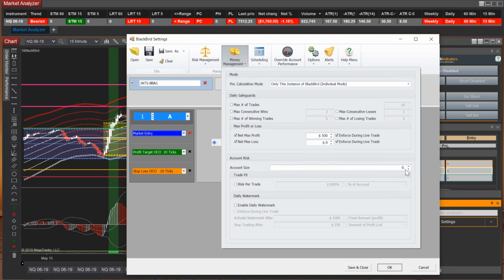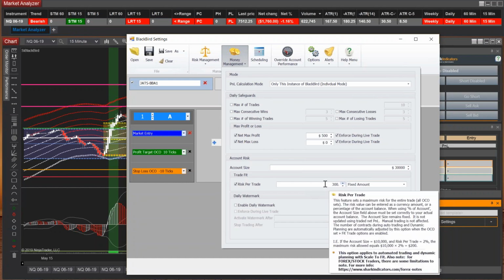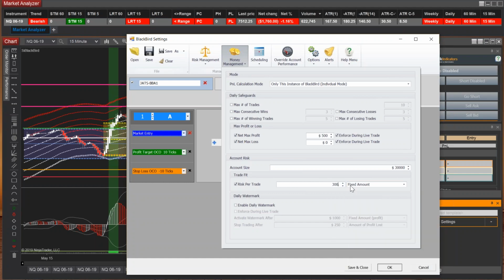You can set your parameters to your account size, or set the risk, say never risk more than $400 or 2% of my account. Risk per trade, 2% of my account. So you can set the account size here, 2% of the account, or a fixed amount, $200, $300, and limit your risk per trade here.